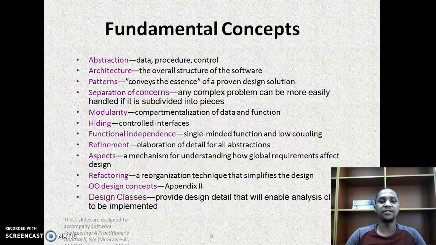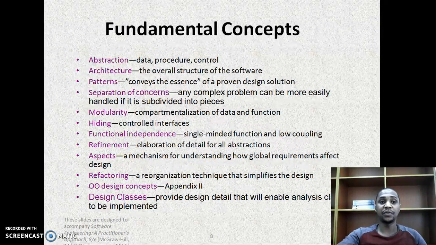We have information hiding, which is a kind of controlling of the interfaces. Information or data that is inside a particular component is protected against unauthorized access. Then we have functional independence: single-minded functions and low coupling. We have refinement, which elaborates the details of all abstractions.